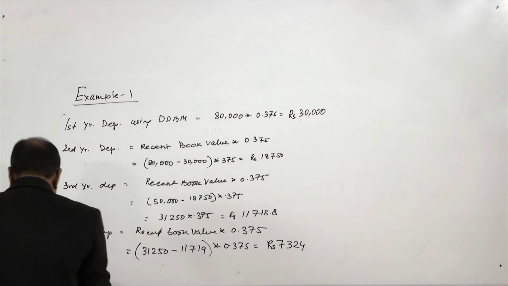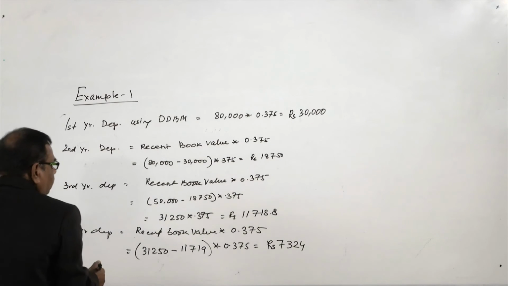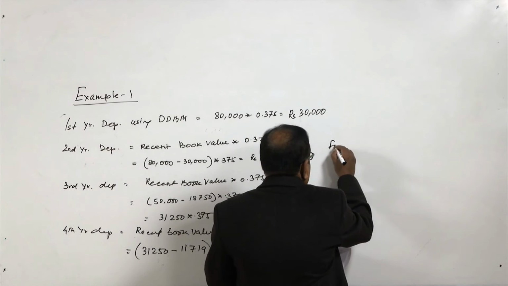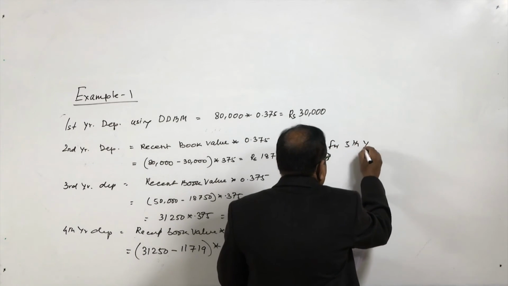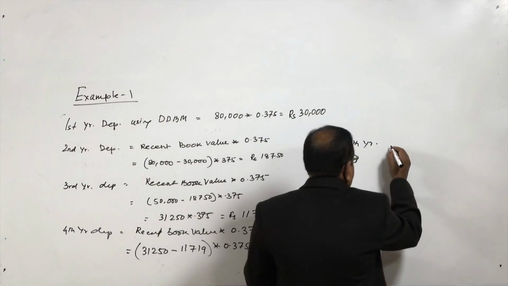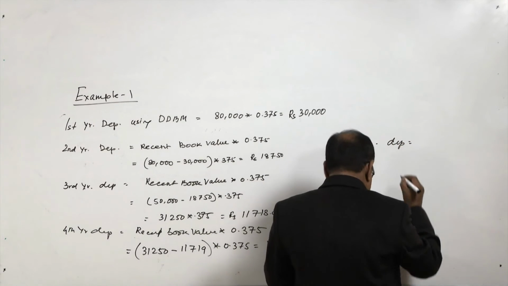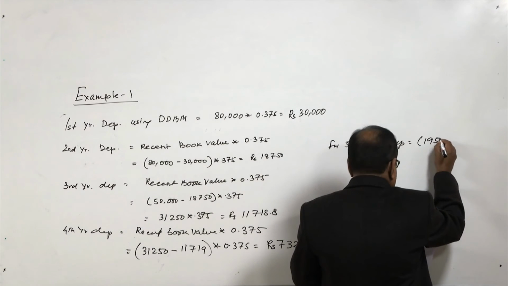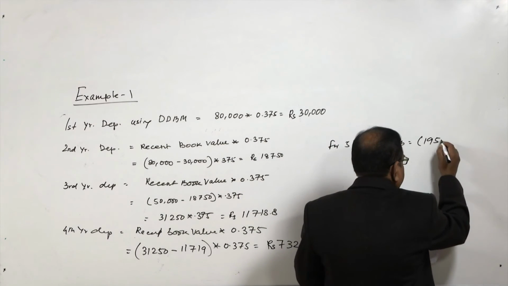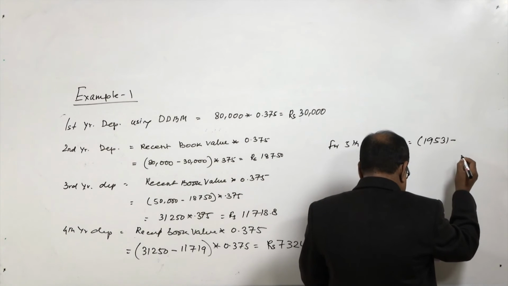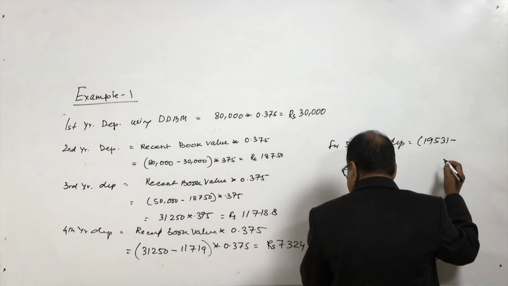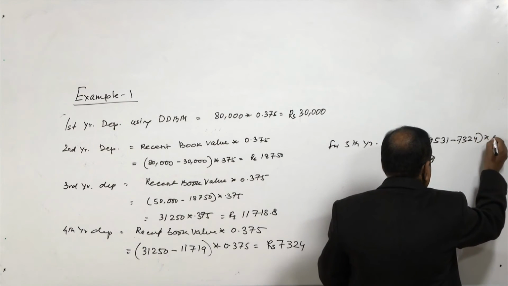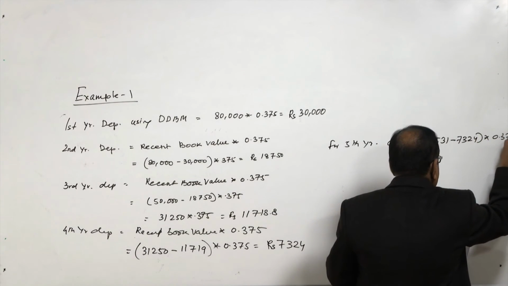And for the fifth year, the depreciation is equal to 19,531 minus 7,324, into 0.375.